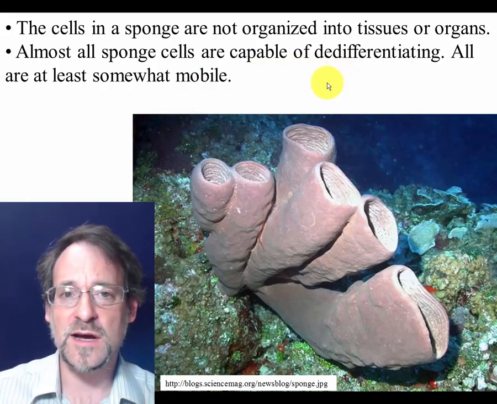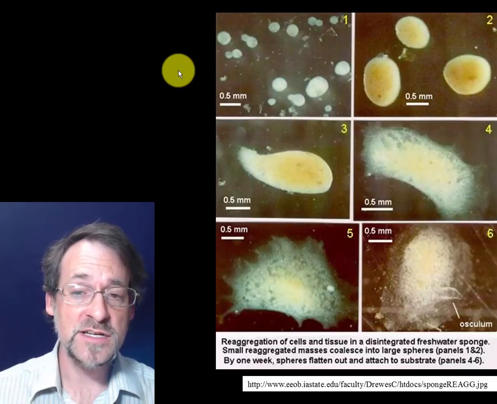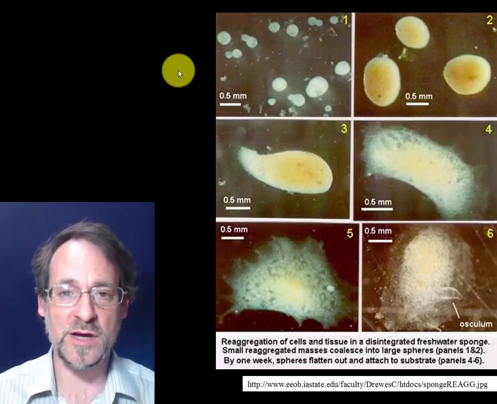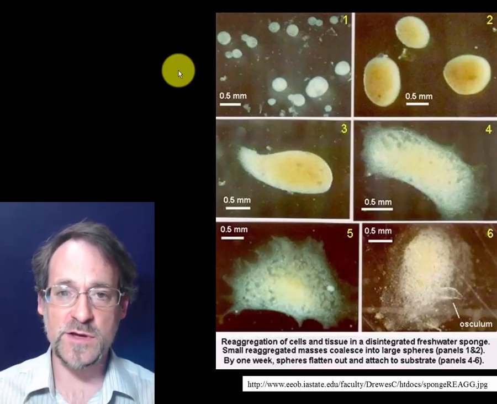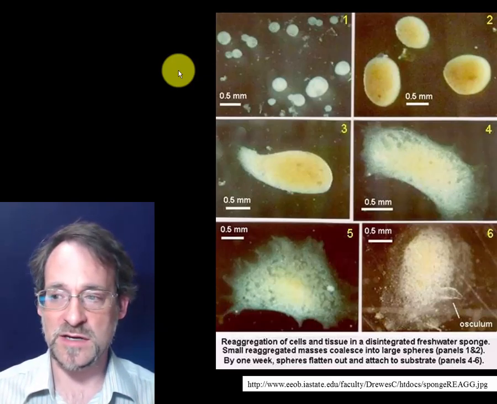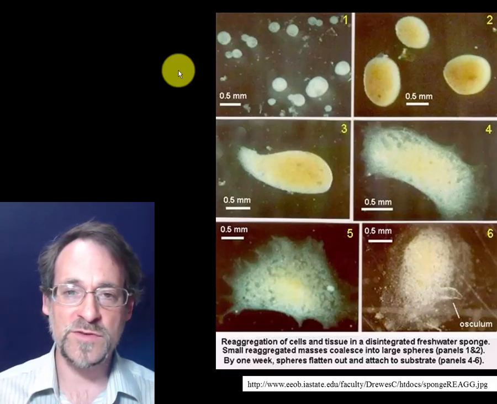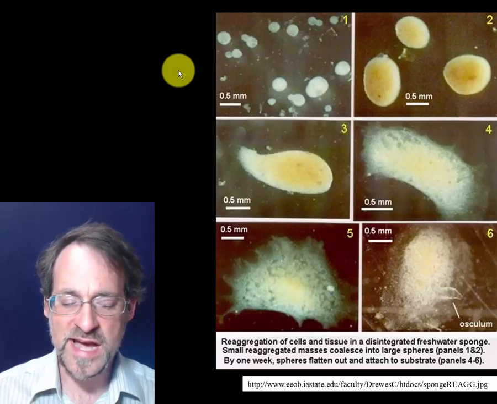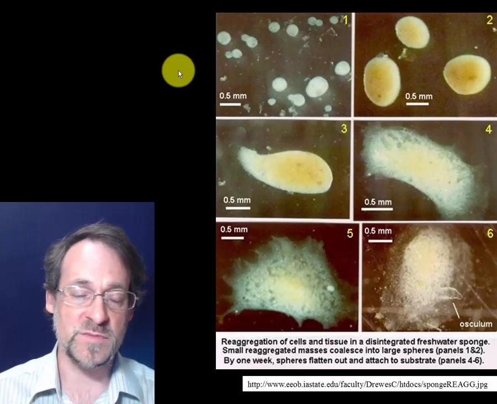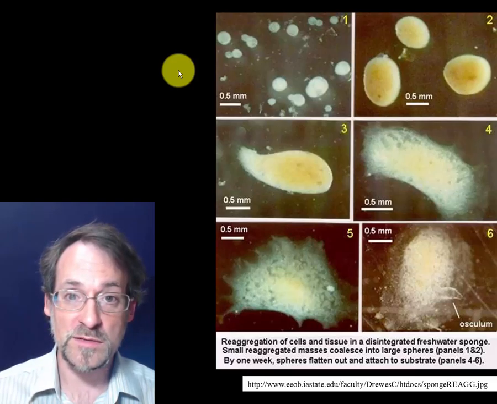In fact, if you take a sponge body and you force it through a very, very fine screen so that it's physically broken up into individual cells, and you then just leave those cells lying at the bottom of a beaker of water, they will eventually start running into one another, and they will re-aggregate very slowly over the course of maybe a couple of weeks into a blob, and that blob will form a sponge.